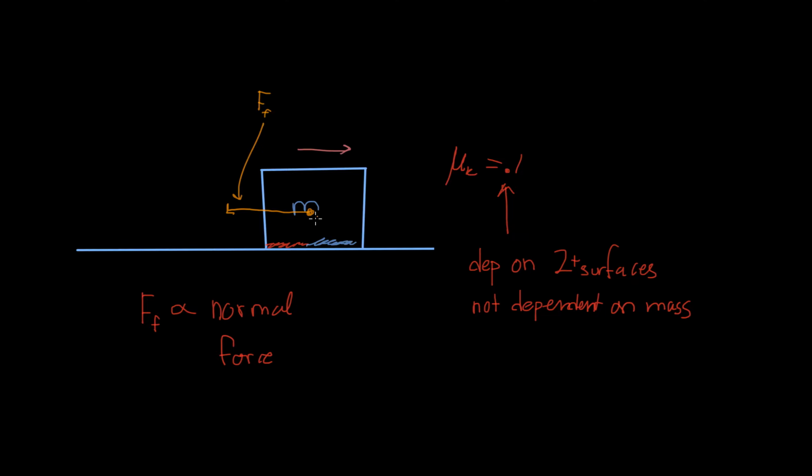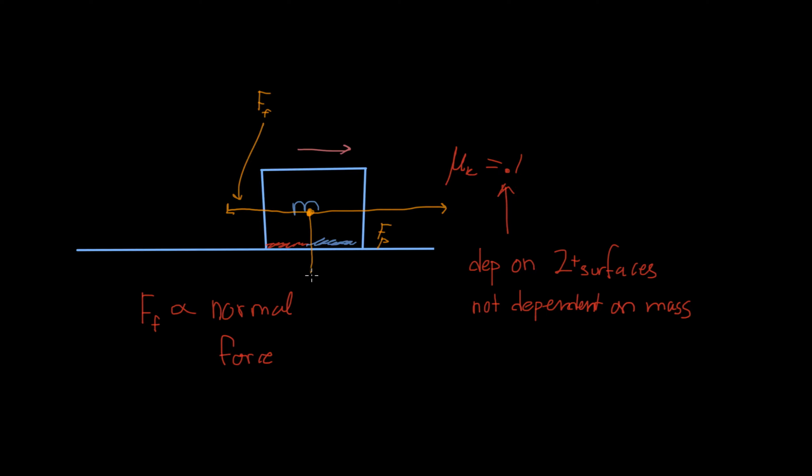Let's say there's a huge pushing force making this go this way. We'll call this F sub P. Maybe there's a human behind here giving it a push in this direction. This force at all is not going to affect the friction. So what is affecting it? Well, it is the normal force.